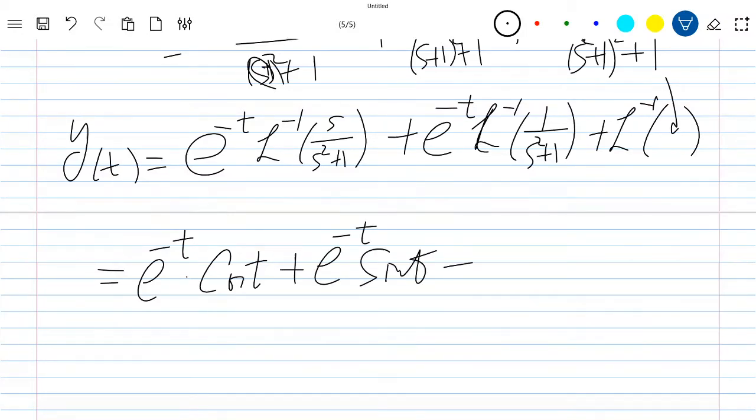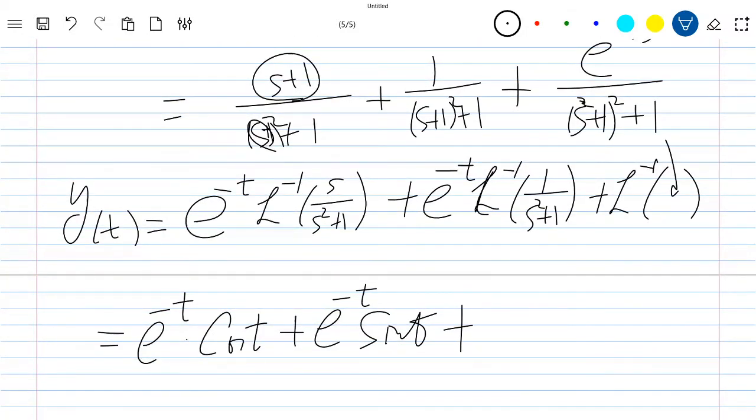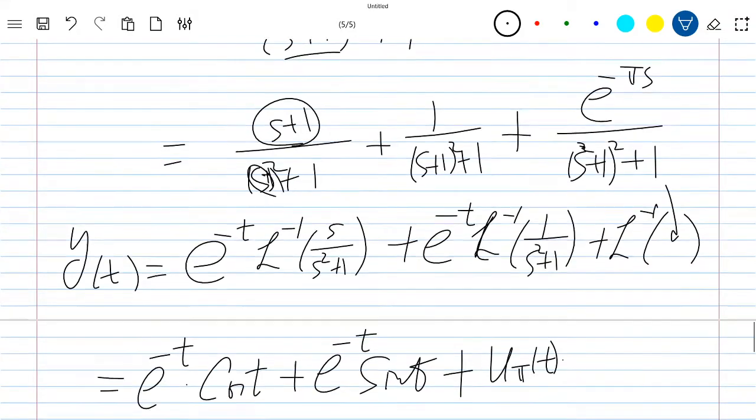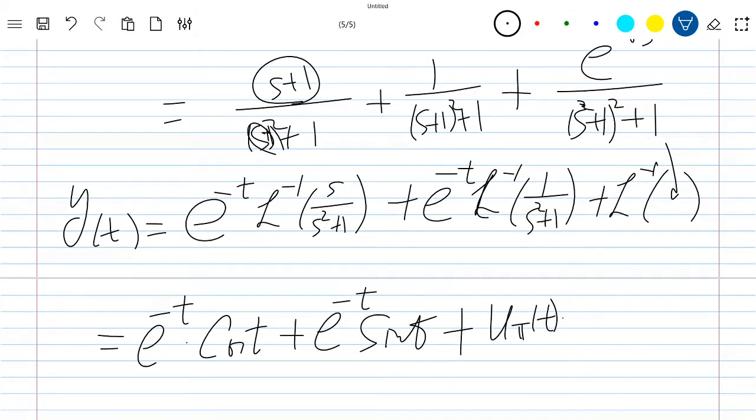Alright, now let's deal with the last term. So you have the e to the negative pi s. That means you have a step function. Do you remember the formula? You want to go the inverse way. So you find the inverse transform, then you replace t by t minus pi. And we know the inverse transform is right here, so you replace t by t minus pi.